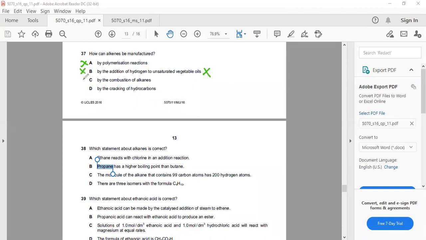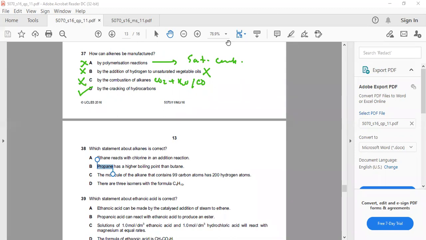By the combustion of alkane, no. By cracking of hydrocarbon, yes. Combustion forms carbon dioxide plus water or carbon monoxide plus water. Polymerization results in polyalkene, and saturated compounds are usually formed. So by cracking of hydrocarbon, yes.